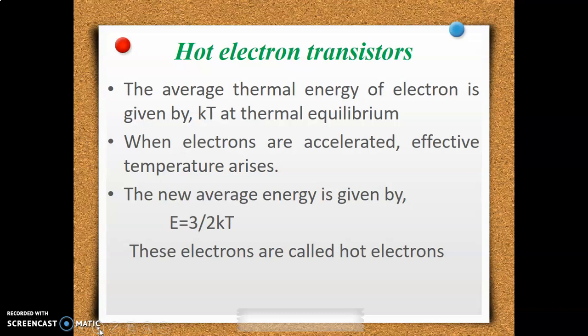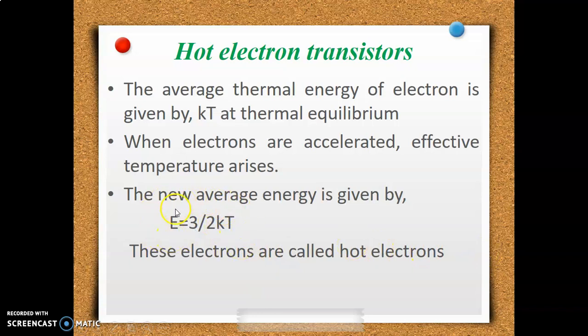The new average energy is given by 3/2 kT_e, where T_e is the effective temperature. These electrons are called hot electrons.